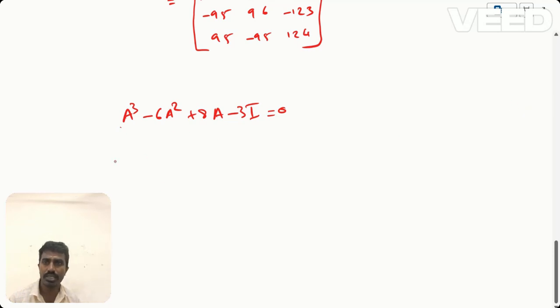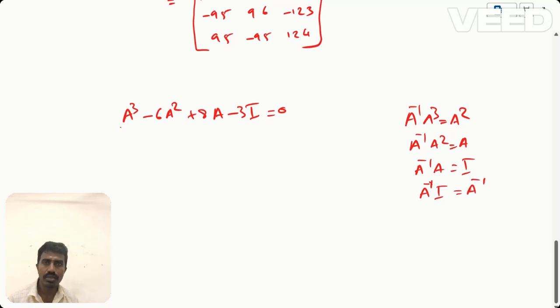So multiply by A inverse on both sides. Then what you may get? If you pre-multiply by A inverse, then A inverse into A cube is A square, A inverse into A square is A, A inverse into A is I, and A inverse into I is A inverse. So substitute here. A inverse into A cube is A square minus 6A plus 8I minus 3A inverse equal to 0.